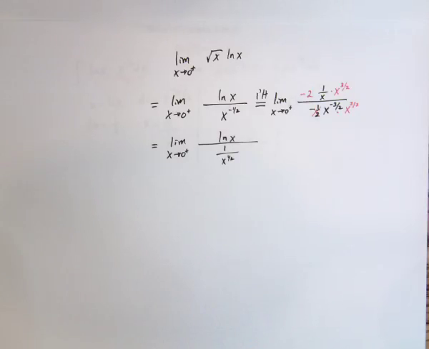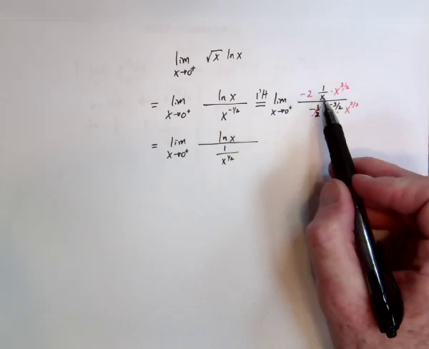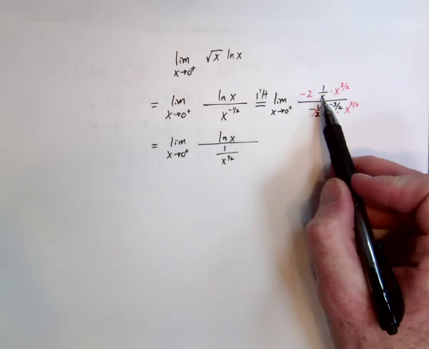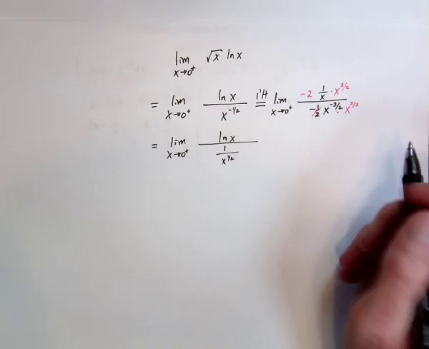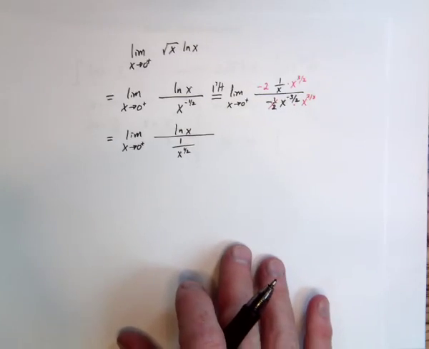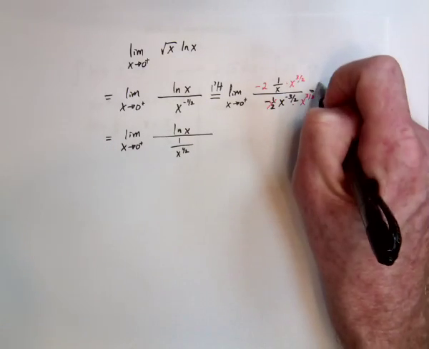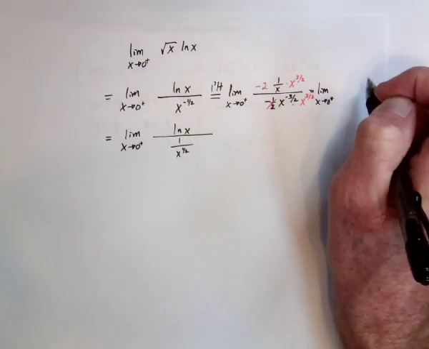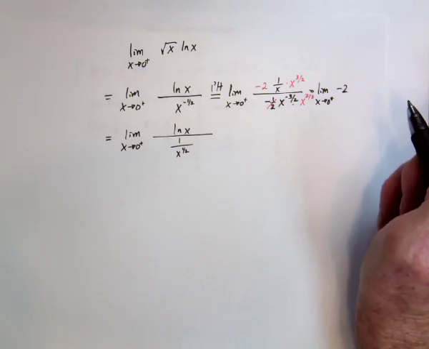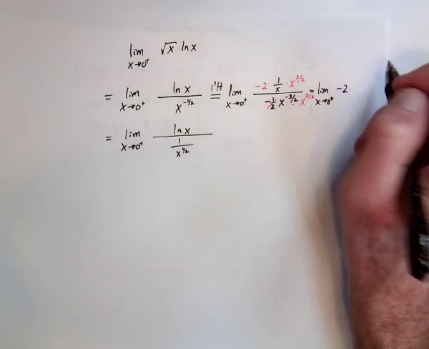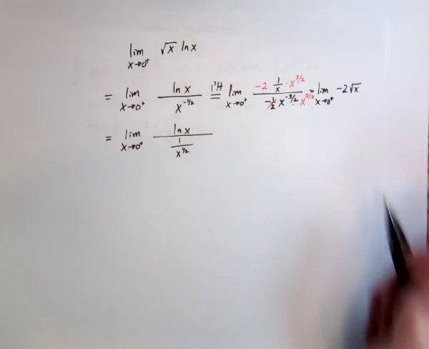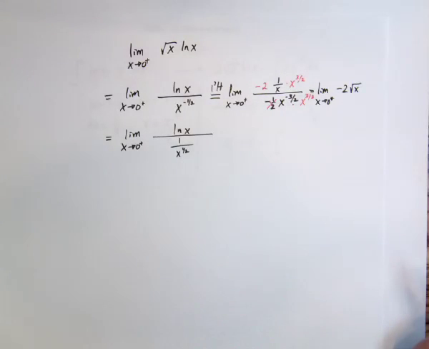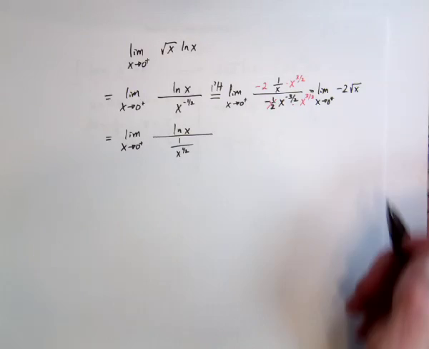Okay, so then we've got, this is 1/2, this is 1, so if you subtract those exponents, it leaves a half. So we have the limit as x approaches 0, there's a negative 2, and there is an x to the 1/2, or in other words, square root of x. So finally, it turns out that it's 2 times the square root of 0, that's 0.